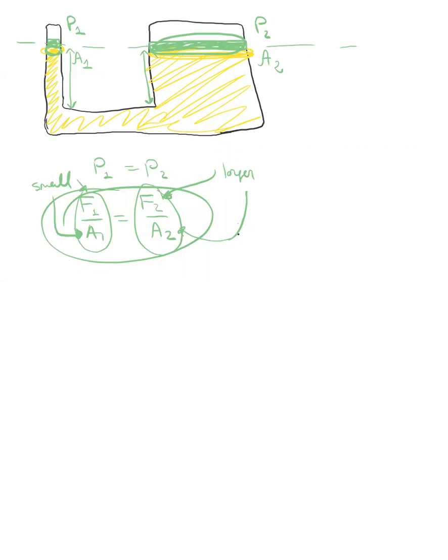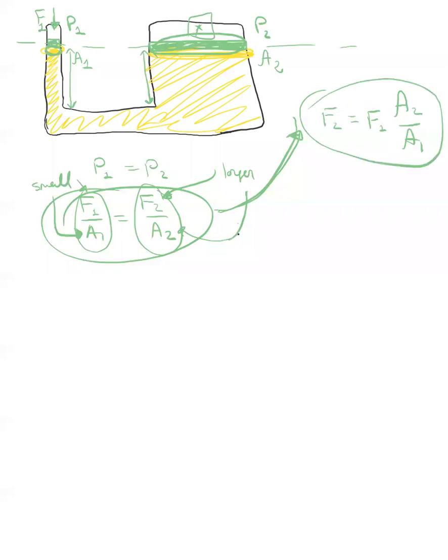So in this specific case, if I apply some force F1, then something that's resting on this side will experience a much larger force. I can derive my force 2. My force 2 will be force 1 times A2 divided by A1. So I have this enhancement of my force by the factor of the ratio of the two areas.